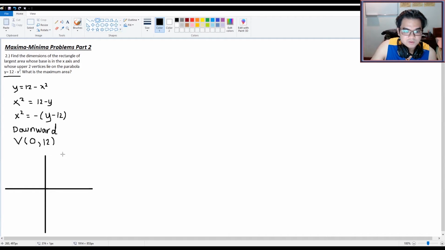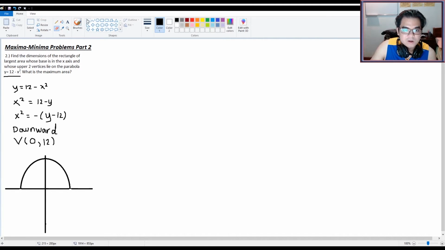Let's say that this part will be 12. I think the parabola looks something like this. There you go. So that will be the parabola.